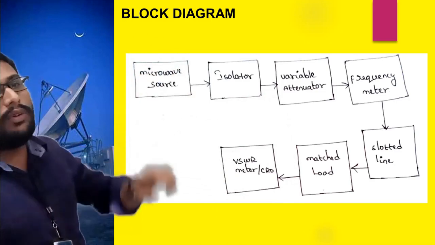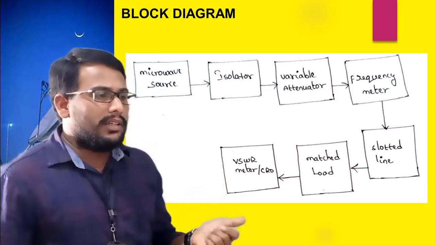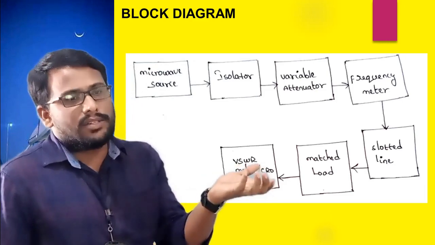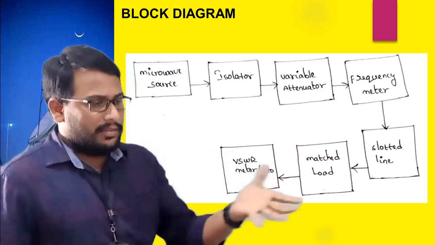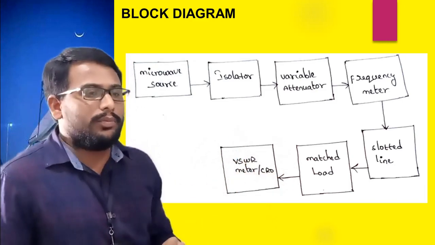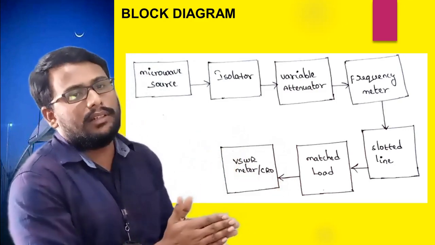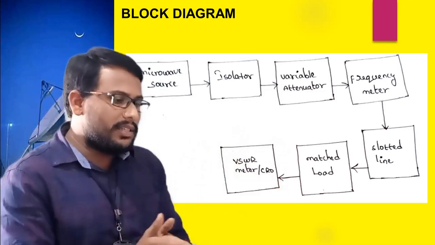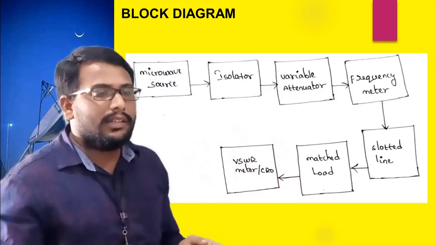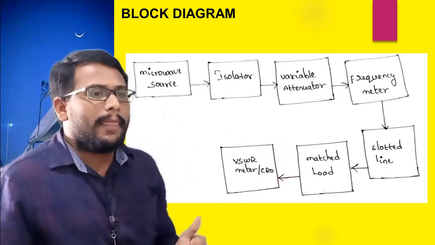So the klystron power supply is connected to the klystron mount. When you energize the klystron mount, it fires a huge amount of electrons inside the tube, and when there is a movement of electrons, that represents energy. When the energy passes through the transmission line, we note it as microwave energy.